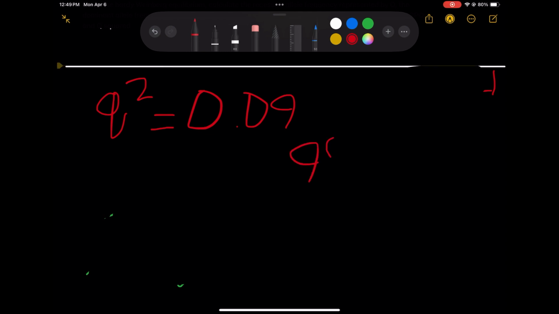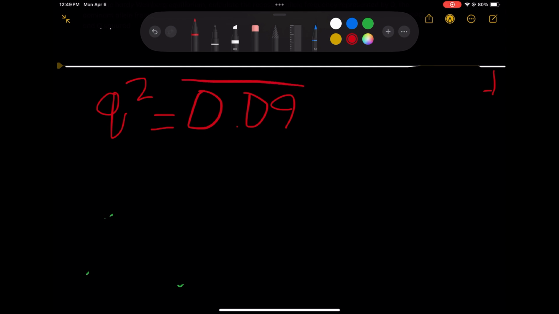Let's get right back to this. q squared is equal to 0.09, and to get q, you square root both sides. Well, I know what you're thinking. You might be thinking q is equal to plus or minus 0.3.